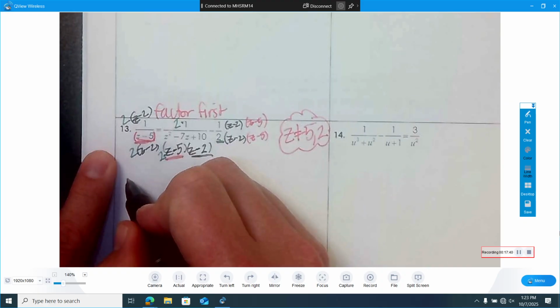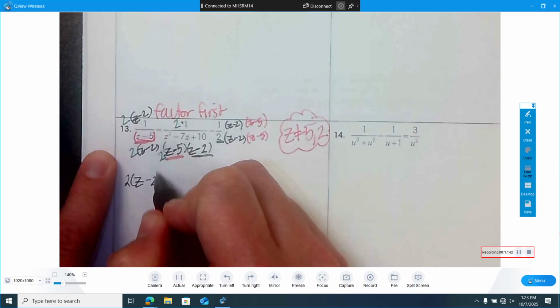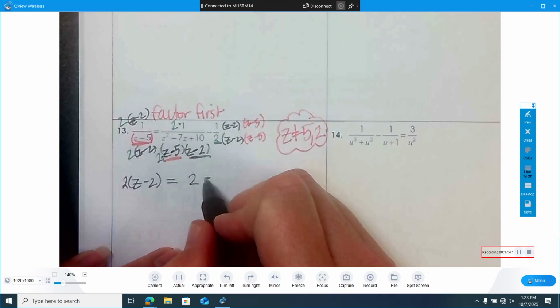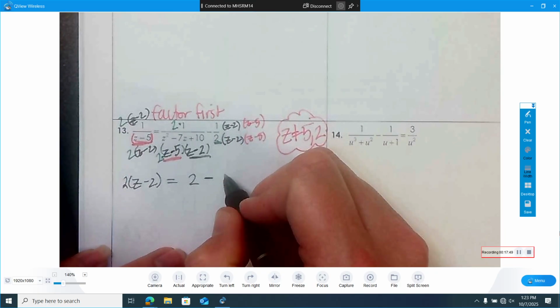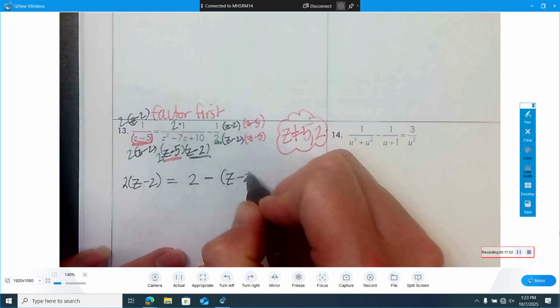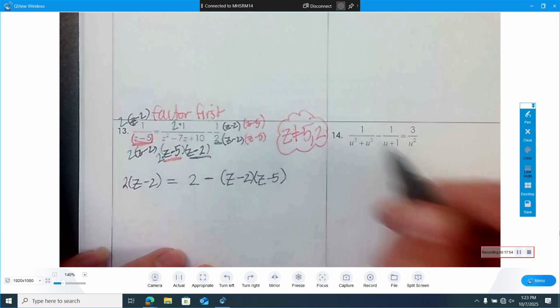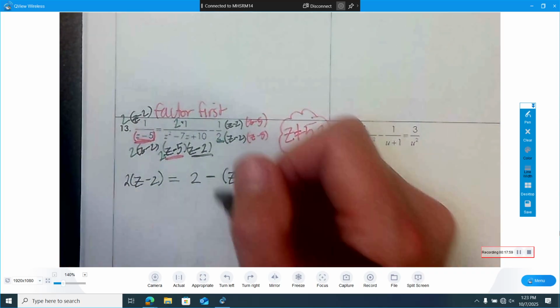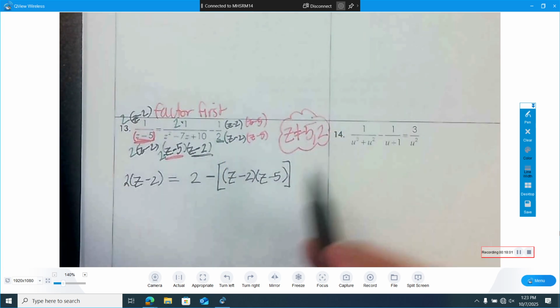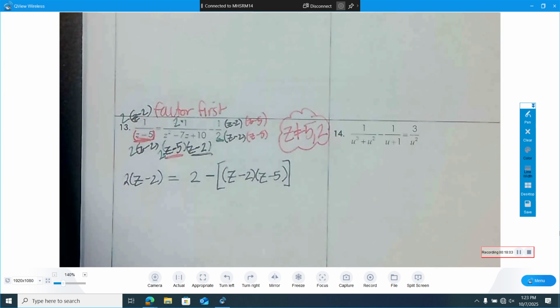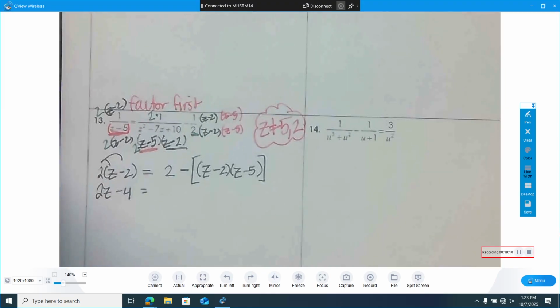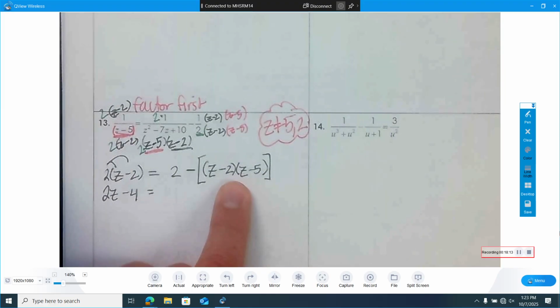So this turns out to be 2 times z minus 2 is equal to 2 times 1, which is just 2. And I have a minus. Ooh, tricky. And then I have z minus 2 times z minus 5. I'm going to be real careful with this negative. In fact, I'm going to make sure that I just multiply first and then distribute in my negative. I'm going to distribute my 2, so I get 2z minus 4 is equal to, what do I have to do back here?